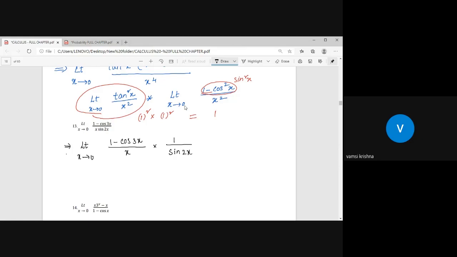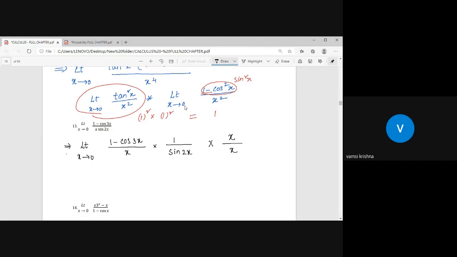We know the formula for limit x tends to 0, 1 by sin ax can be written as a. So if you want to apply that formula, you require x in numerator, but you don't have x here. So please adjust some x. Numerator into x, denominator into x. I am taking x because of this sin 2x.